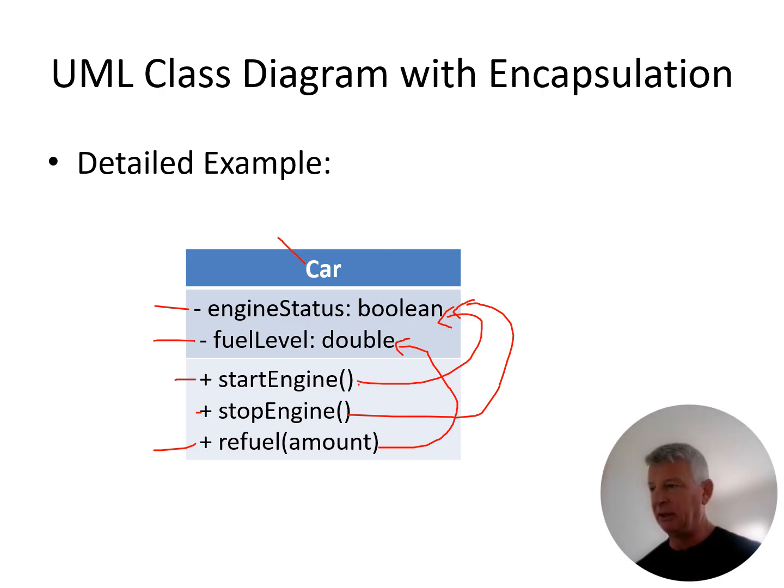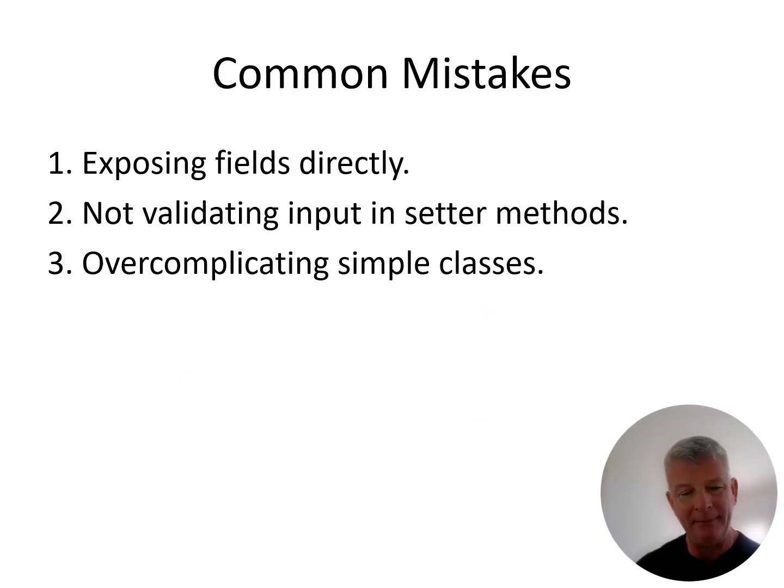Private, public. Variables or state, methods or behaviors. You could write this Car class right now. I say, hey, go write the Car class. You'd be like, all done. And then you'd be like, I want my money. Oh, I don't have any.